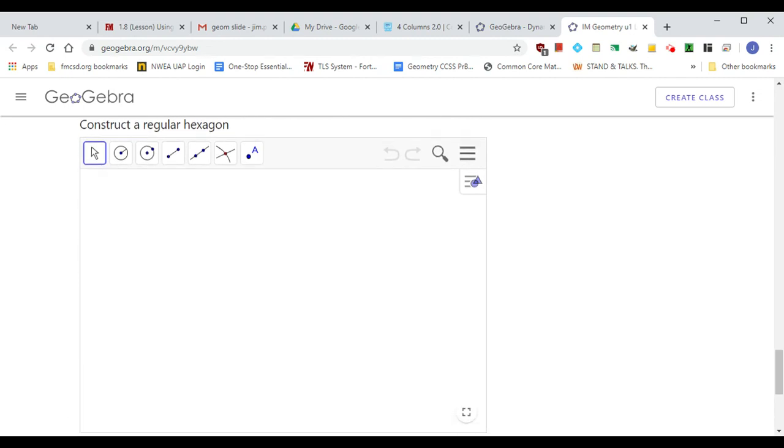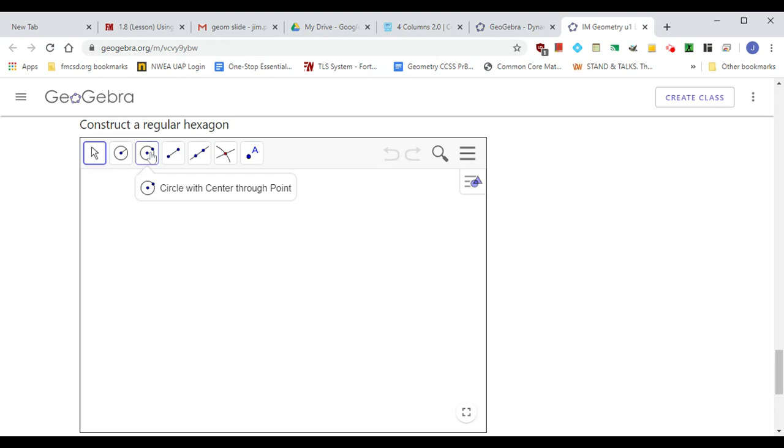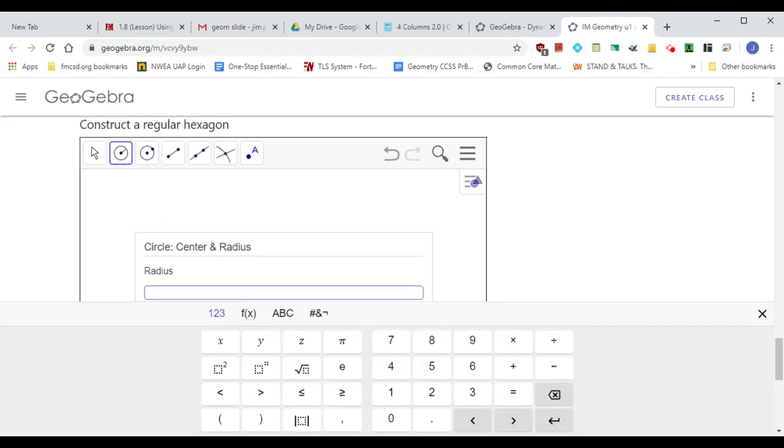And then the last one was the regular hexagon. If you remember, we did this the very first time. So let's see here. Let's make a bunch of circles with the radius of 4.